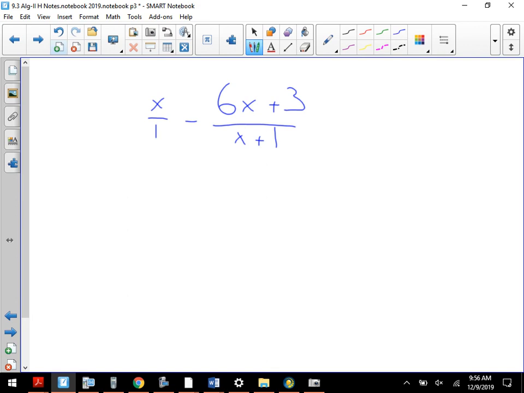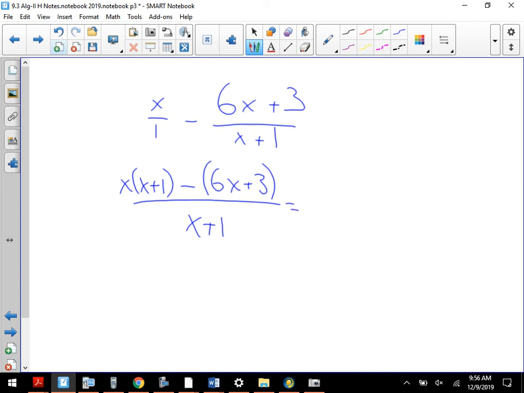So the common denominator is going to be x plus 1. Okay? So the first fraction needs the x plus 1. So you have x times the x plus 1 minus the quantity 6x plus 3. Again, what people will forget is the subtraction of the terms. You have to make sure you distribute it to both parts. That's where most of you will make a mistake.